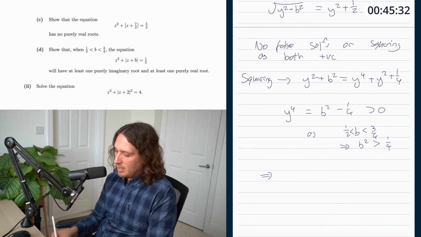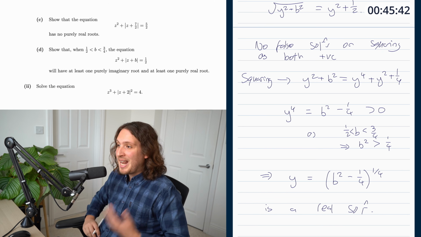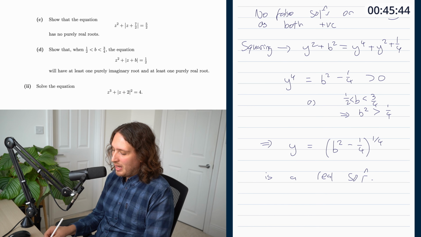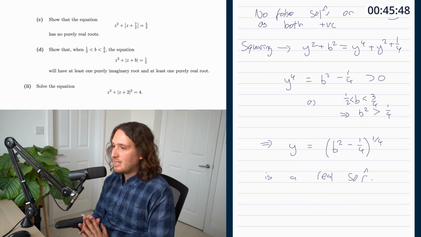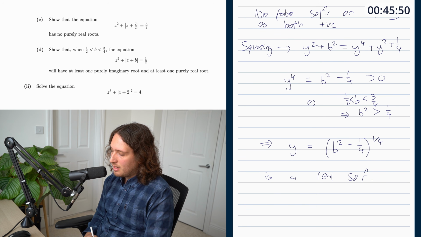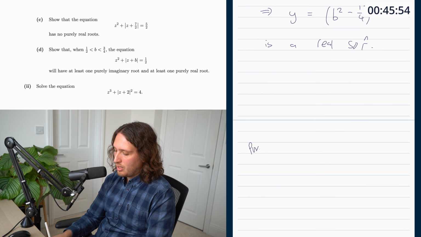So that means that y equals the 4th root of this is a real solution, right? I couldn't have had a 4th root of a negative because y is real, but I know that's positive, so all is good. Right, we've established the existence of a purely imaginary solution. Now let's try to do pure real.